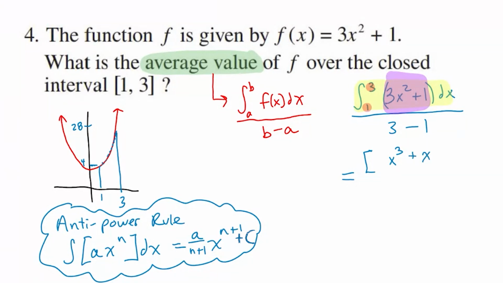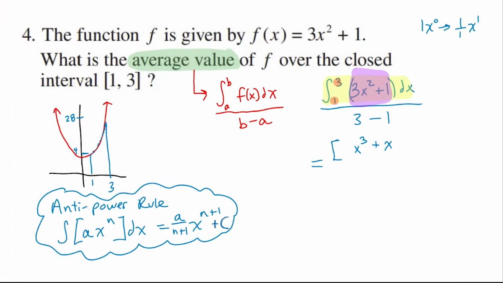If you don't see that, it's really like we have 1x to the 0, because x to the 0 is 1. So if we increase this power by 1, and then divide the original coefficient by that new exponent, we just get x. So we've got x cubed plus x from 1 to 3, divided by 3 minus 1. We might as well just write that as 2.